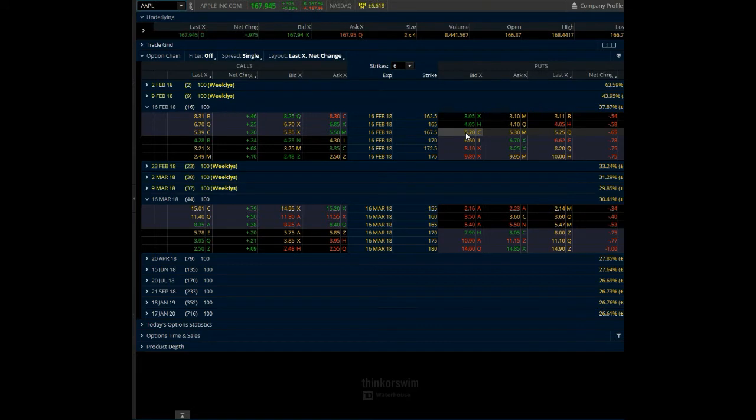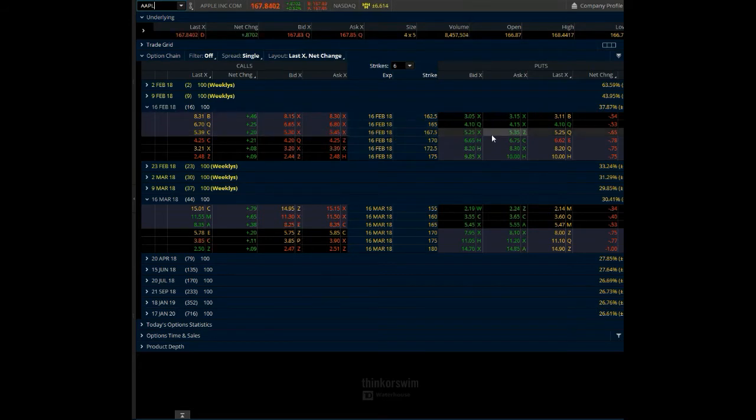Now, a lot of people don't really understand what the VIX is. If the VIX was low, and I'm not saying Apple specifically because each stock will have its own volatility, Apple's premiums wouldn't be $4 or $5.